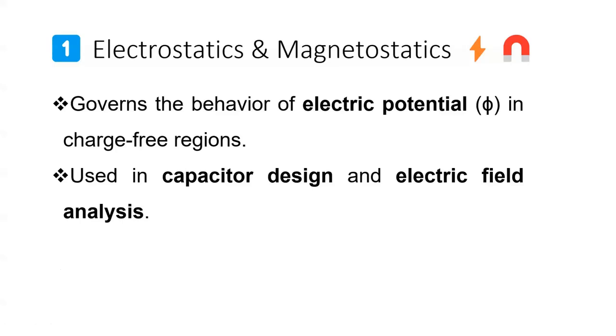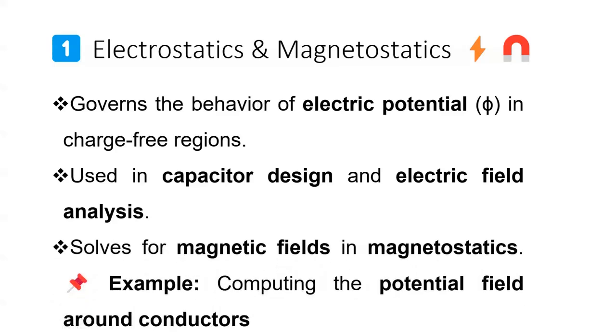In the analysis of these electric fields, you'll find vector fields whose understanding requires the power of the Laplace equation. So this equation helps us to solve for magnetic fields in magnetostatics, as we have said earlier, and this is an application in computing the potential field around conductors. So if we want to compute the potential field around conductors, we shall be using the Laplace equation.